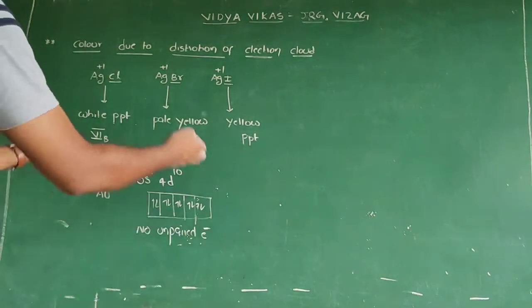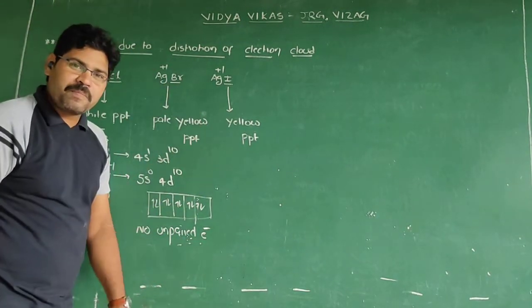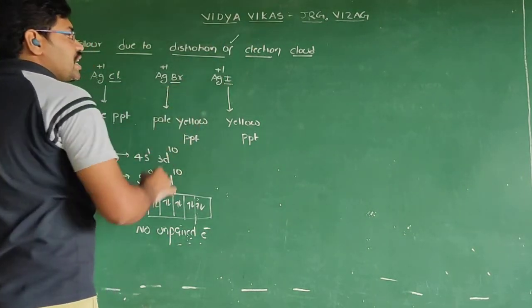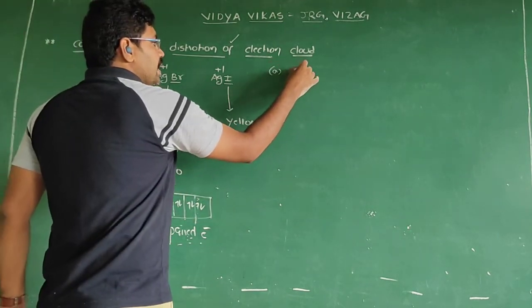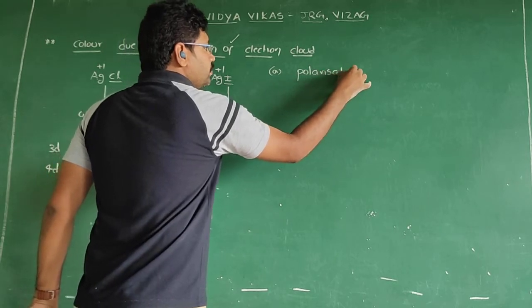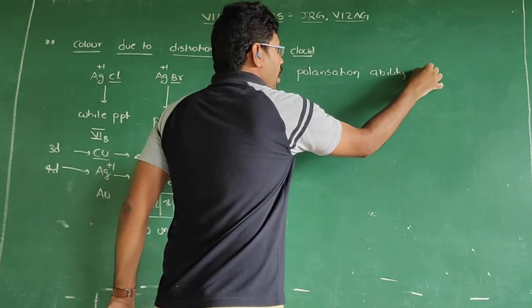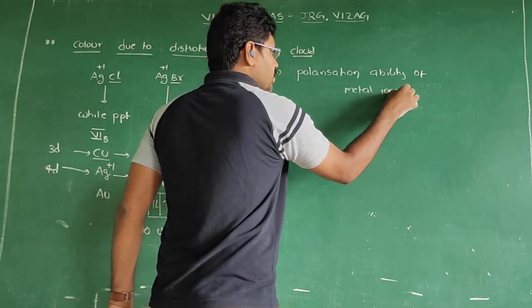But still these compounds exhibit color. Challenging topic. Why so? This is mainly due to distortion of electron cloud, and we also call it the process of polarization ability, dear students, of metals or metal ions.